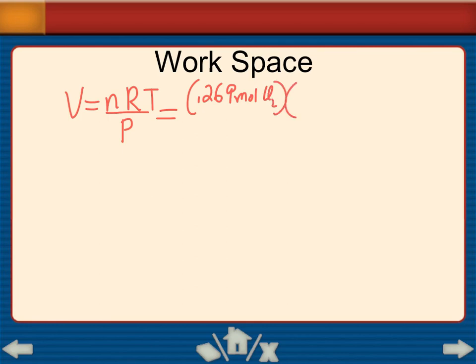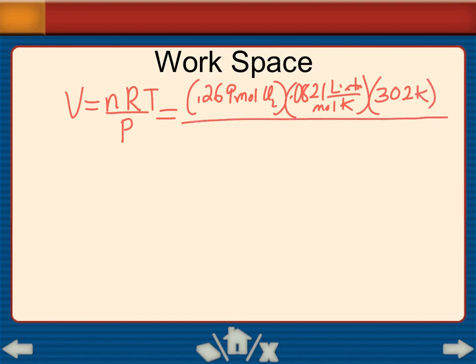R, we're going to convert inches of mercury into atmospheres. So we're going to be using the R, which is 0.0821 liter atmosphere per mole Kelvin. And temperature, again, would be 29 plus 273, or 302 Kelvin.